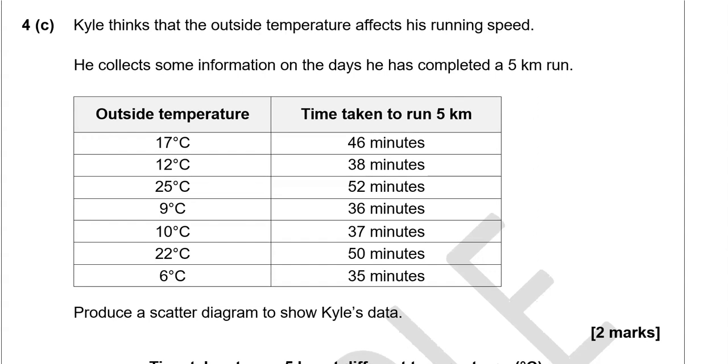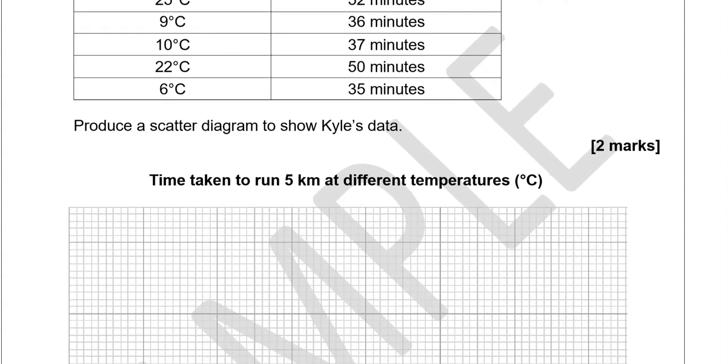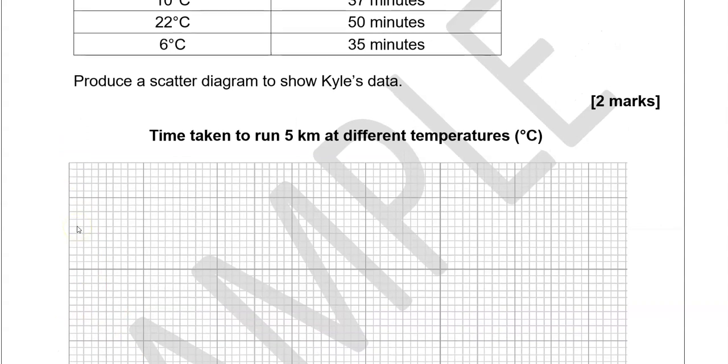Kyle thinks that the outside temperature affects his running speed. He collects some information on the days he has completed a 5-kilometer run. Produce the scatter diagram to show Kyle's data. So we'll show time horizontally and temperature vertically.